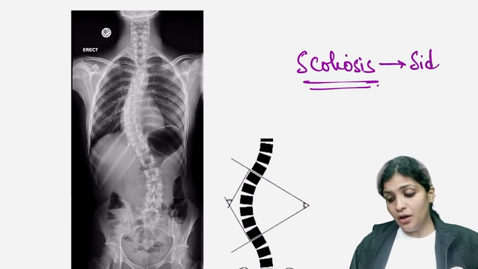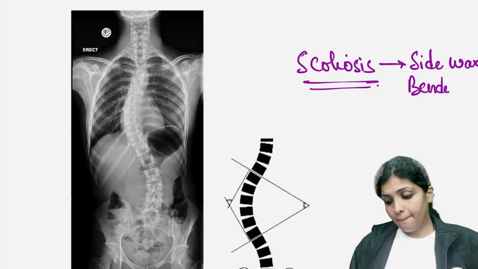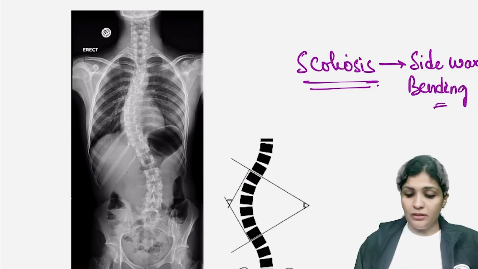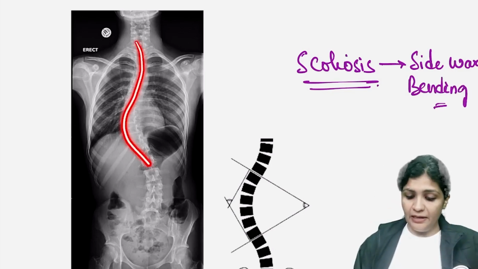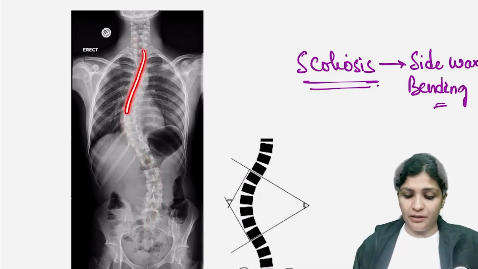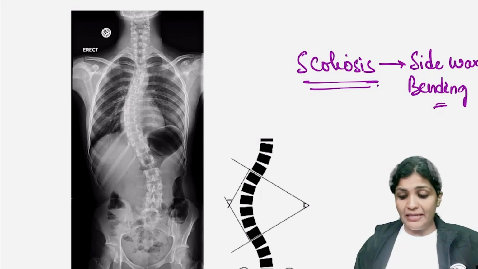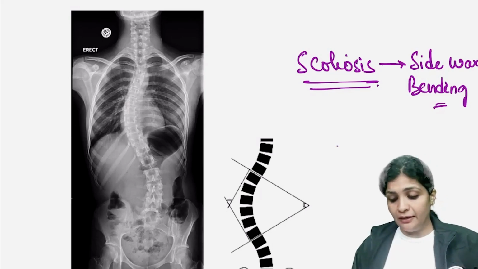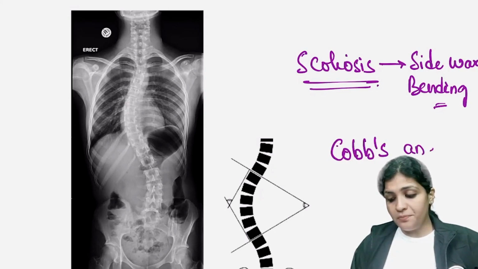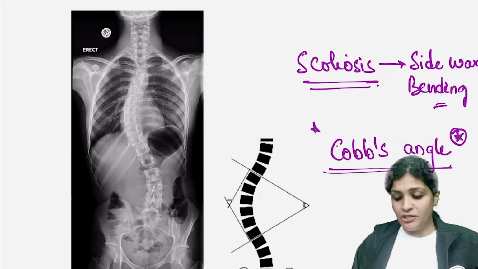It is nothing but sideward bending. So this one is bending, right? The S-shaped curve. This is the sideward bending, the scoliosis. And what is the angle which is measured here in scoliosis? This is called the Cobb's angle. It is asked in the exam again, an exam-based question.